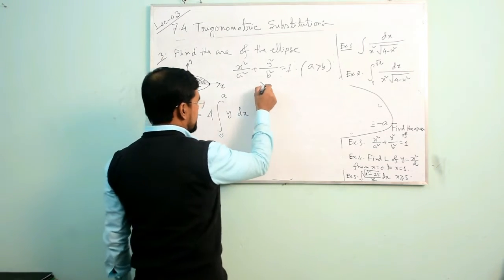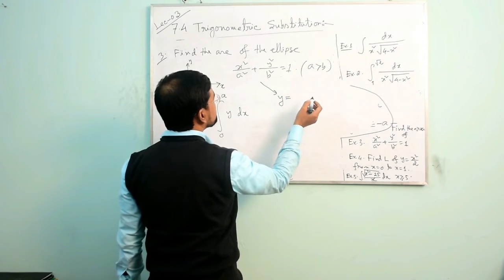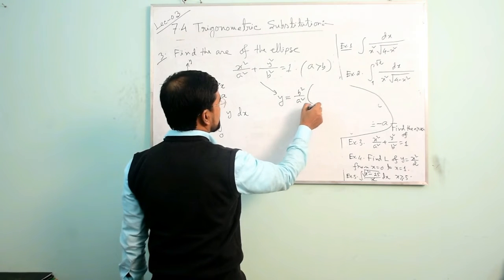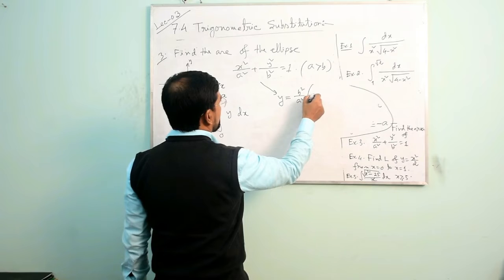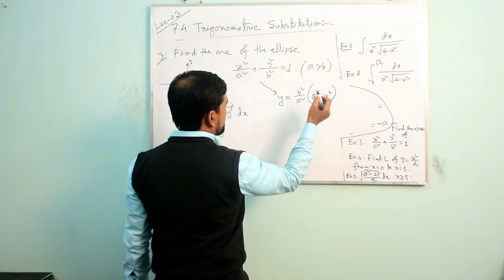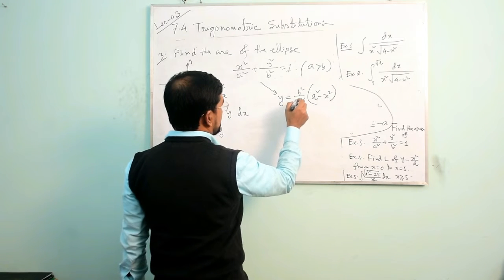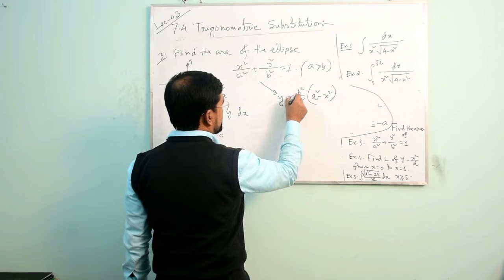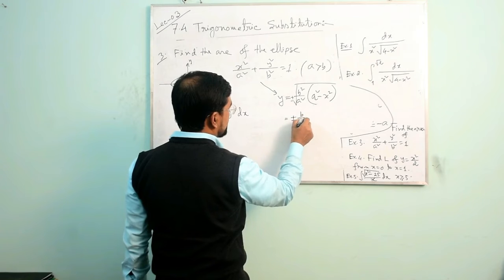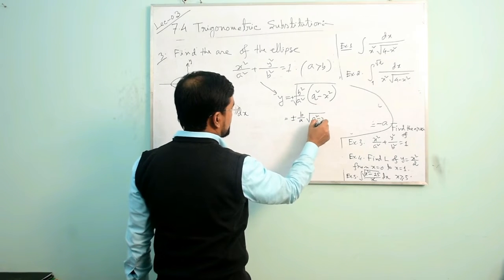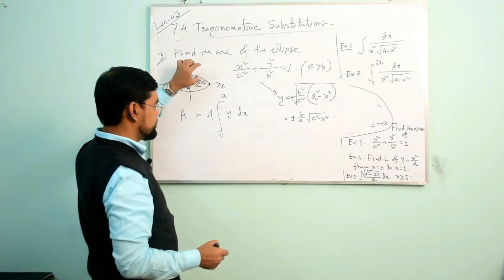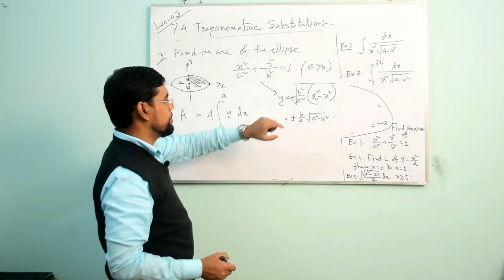And from this equation, y equal plus minus root of b square by a square times a square minus x square, this equal plus minus b by a root a square minus x square. But since we are calculating area in the first quadrant, so our y should be the positive one.